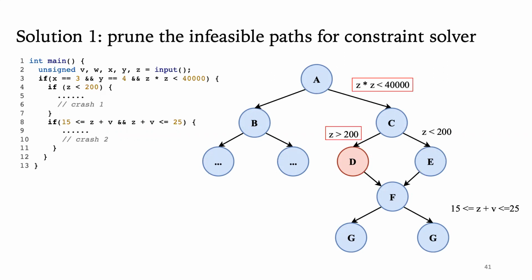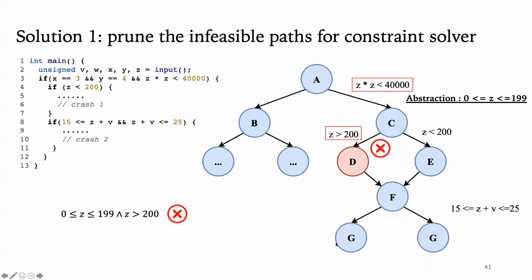However, we can notice that this path is always infeasible due to the contradiction of the path condition. Fortunately, with the path abstraction inferred at line 3, which is the simplified version of the prefix path constraint, we can find that this branch condition conflicts with the prefix condition by verifying the satisfiability of the path abstraction conjunct with the uncovered branch condition, and thus this edge is filtered in the further fuzzing process.